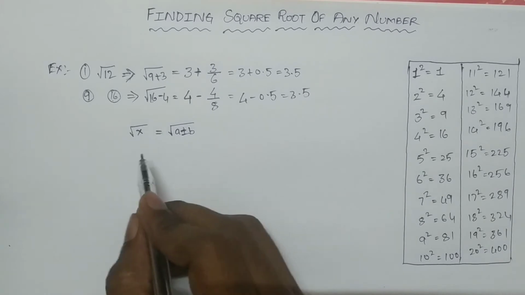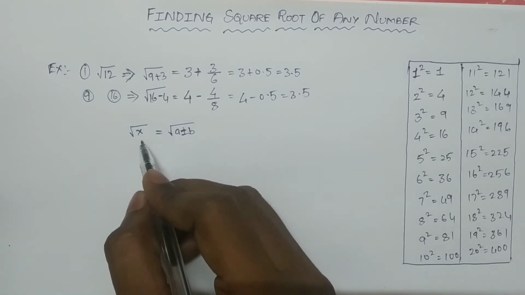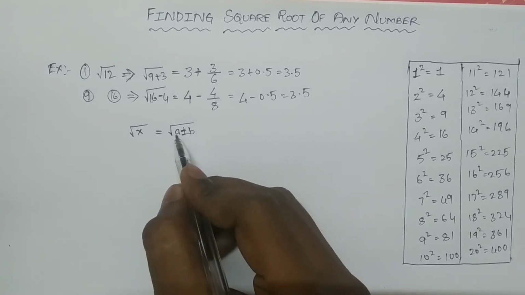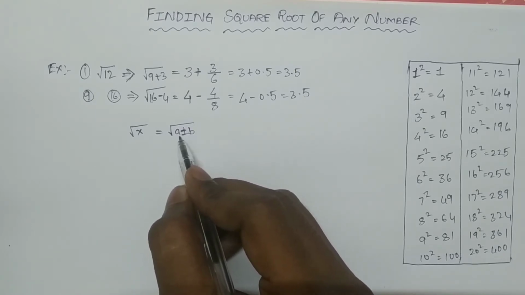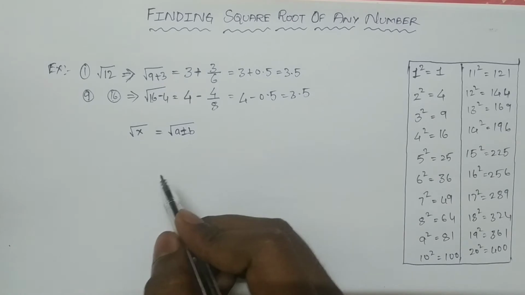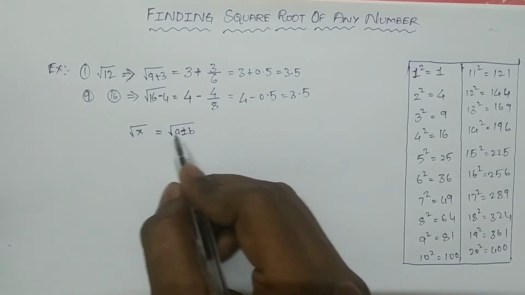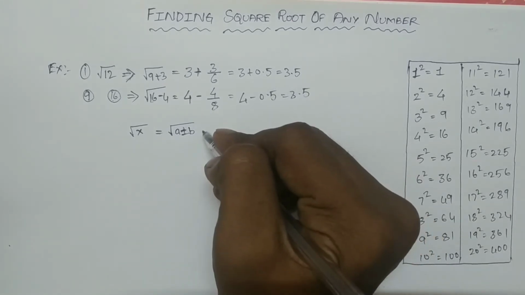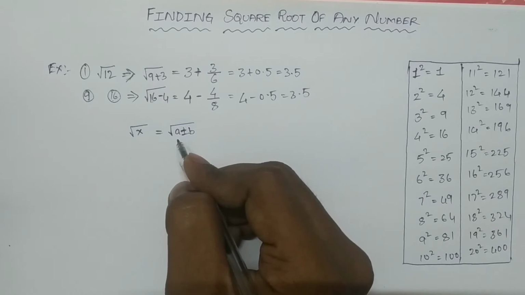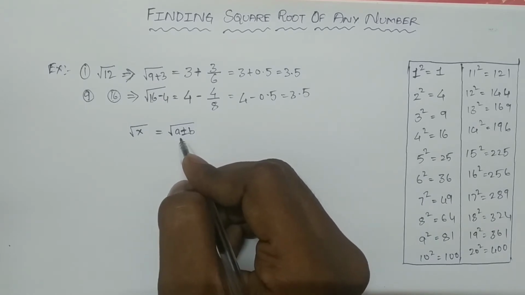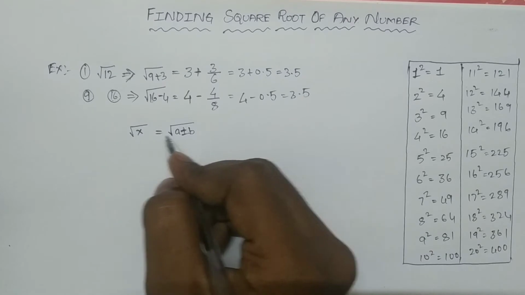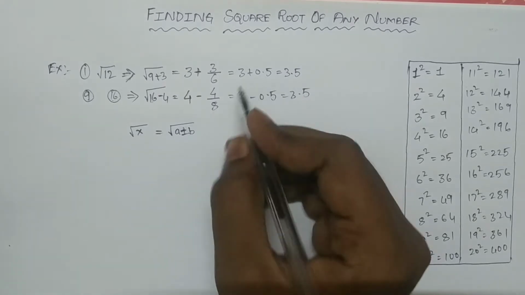So if there is a number x and we have to find the square root of x, first of all we write x in the form of a plus or minus b, where a is the nearest perfect square for x.